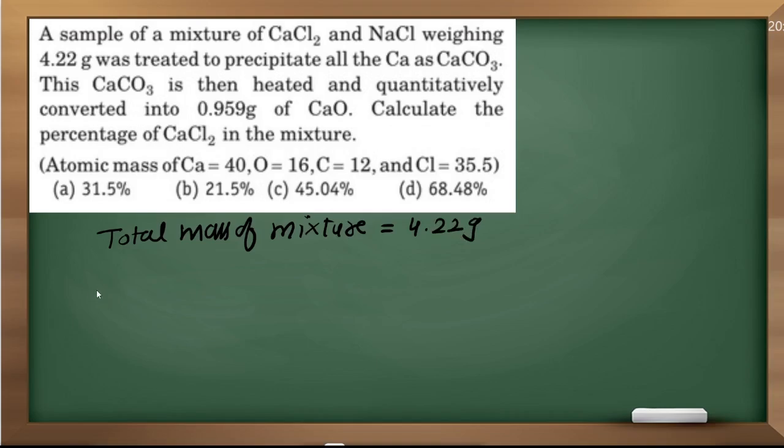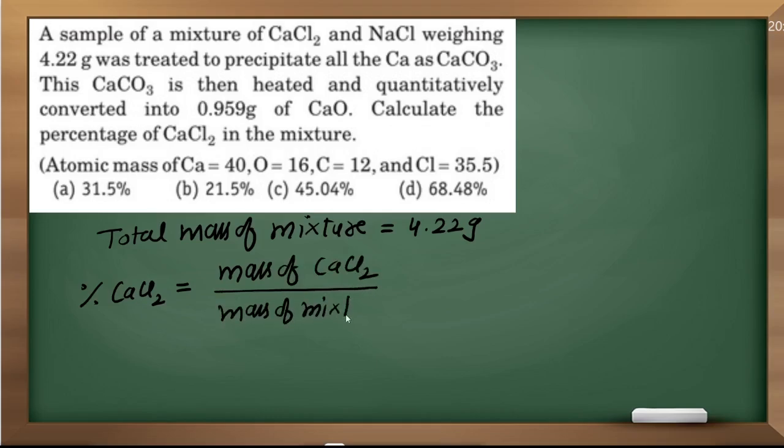And to calculate percentage of calcium chloride, mass of calcium chloride divided by mass of mixture into 100. So mass of mixture is already given to us, so there is no need to worry about that. 4.22 we just have to put.